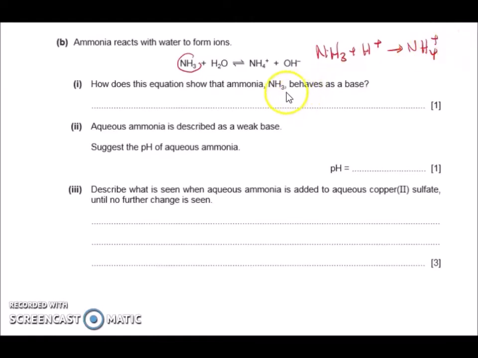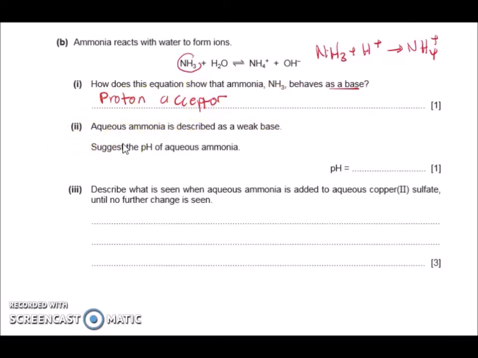So this is a proton acceptor. Okay, how does this equation show ammonia behaves as a base? So this is your answer, proton acceptor.